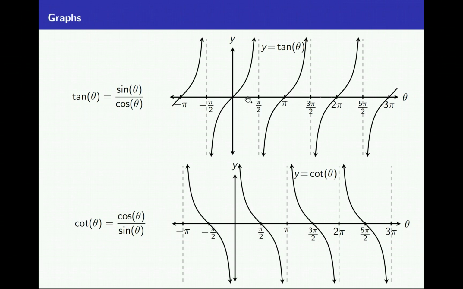And when tangent of theta is very, very large, cotangent of theta will be very, very small. So we're going to get a graph that looks something like this. And again, I'm being a little bit brief here. You should take some time, think about this, study your text, and convince yourself that these graphs really are as they should be.